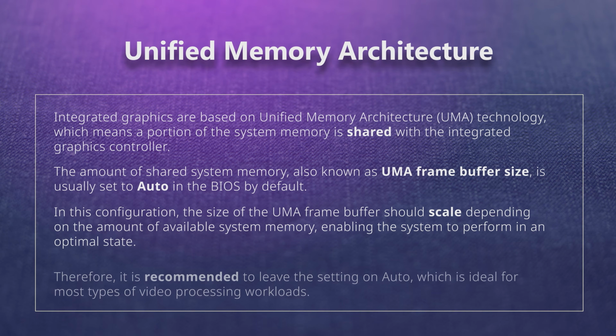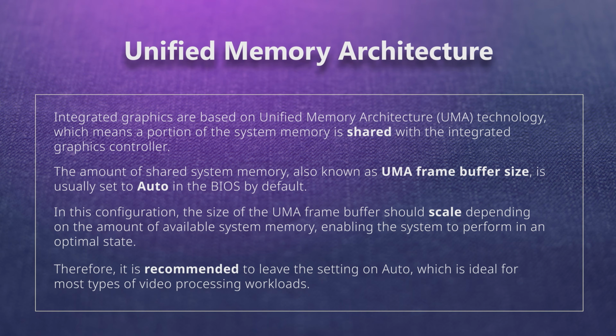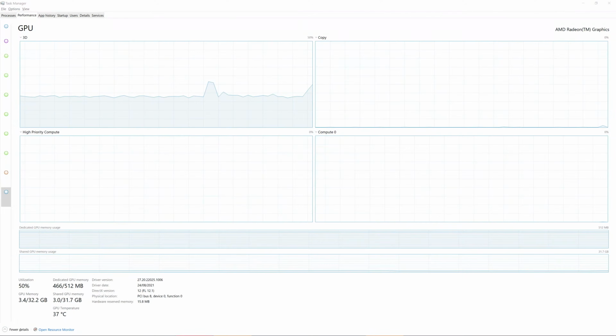The settings are controlled at least initially in BIOS, and the default state is for the control to be set to auto. This should allow the system to scale the amount of RAM dedicated to the graphics processor to an optimal amount, taking into account total system RAM available. And I completely agree with AMD that ideally, the setting should be left at this default auto setting.